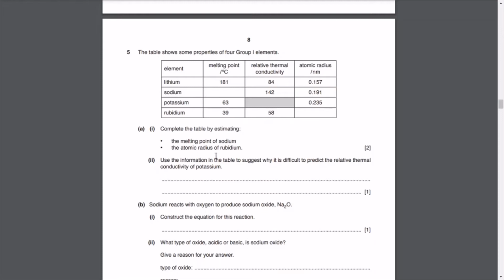Secondly, the atomic radius of rubidium. The atomic radii are 0.157, 0.191, 0.235. As we can see, it is increasing. So make it something like above 0.24 or 0.25. Make it above 0.25 or make it 0.25. Not too close to 0.235 and not too far, because not a lot of difference, because we are talking about the very next element.